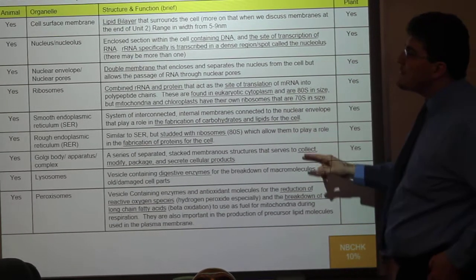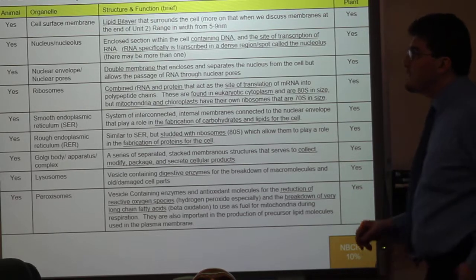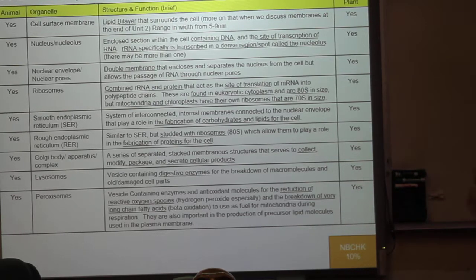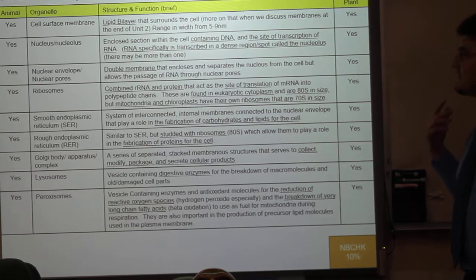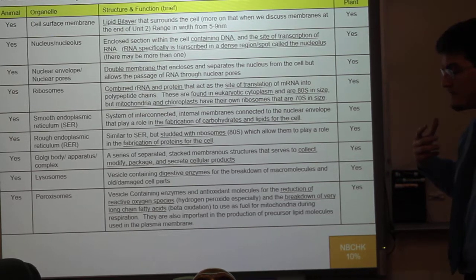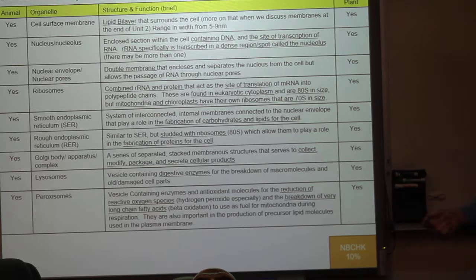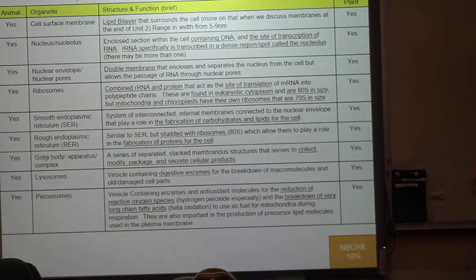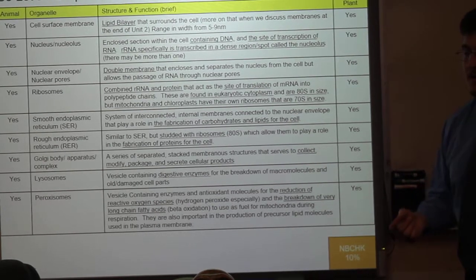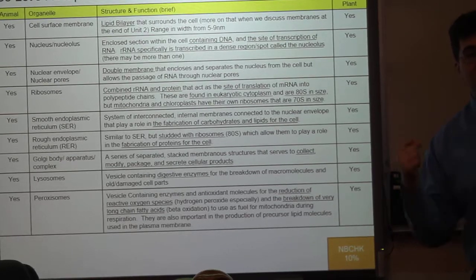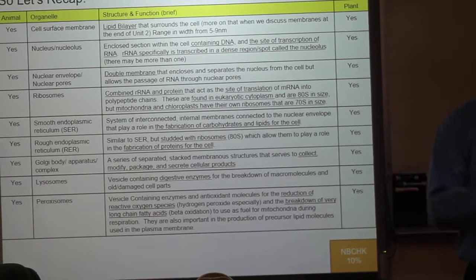We also have the nucleus and the nucleolus. The nucleus contains DNA. The nucleus is the site of transcription of RNA. RNA is transcribed from DNA. Now, our rRNA is specifically transcribed in the nucleolus.